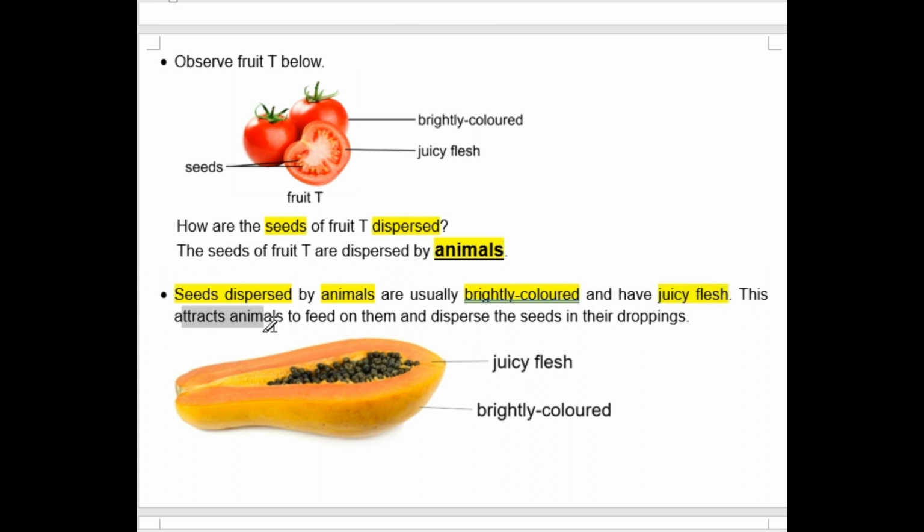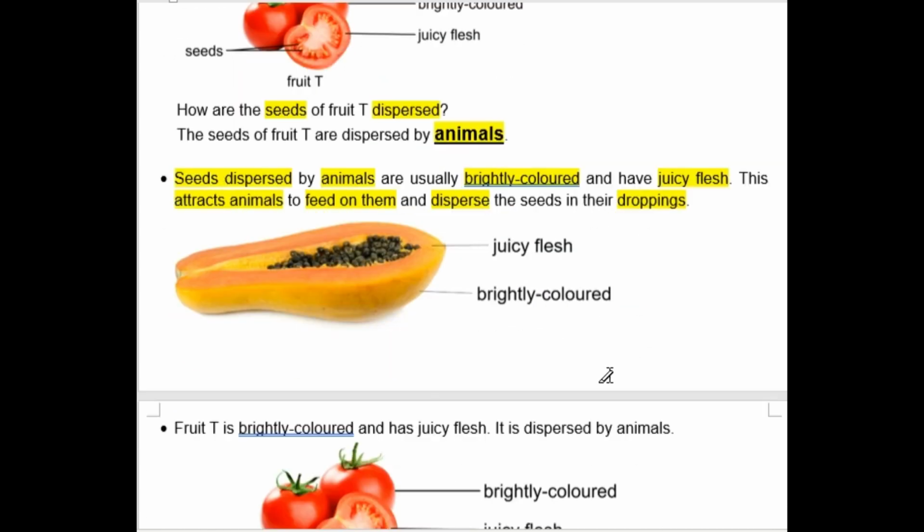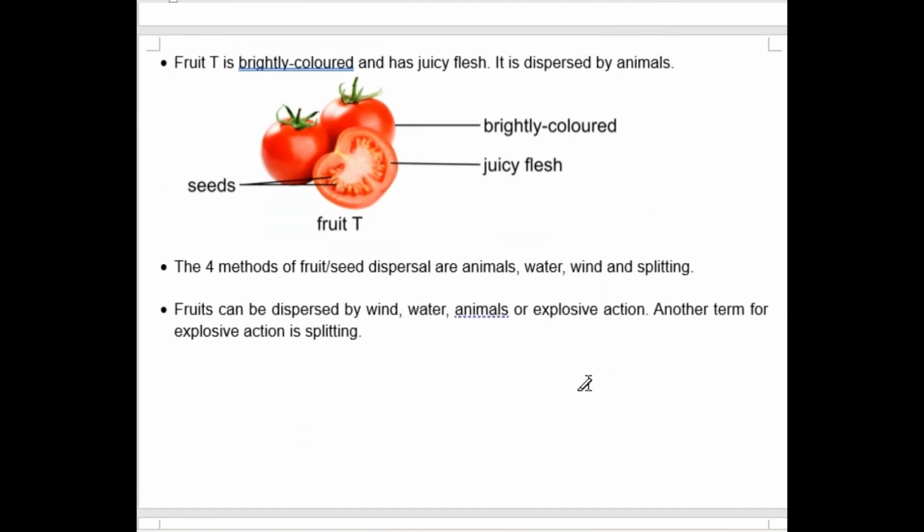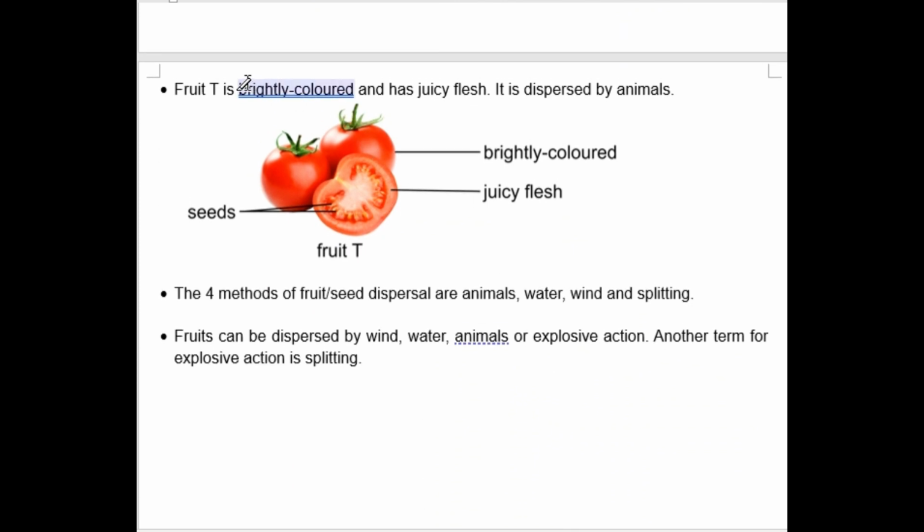This attracts animals to feed on them and disperse the seeds in their droppings. Fruit T is brightly colored and has juicy flesh. It is dispersed by animals.